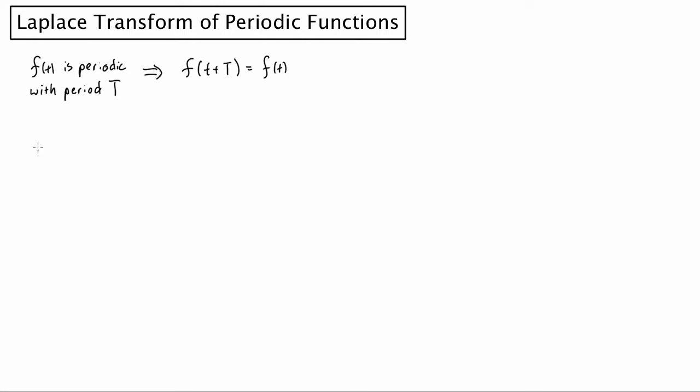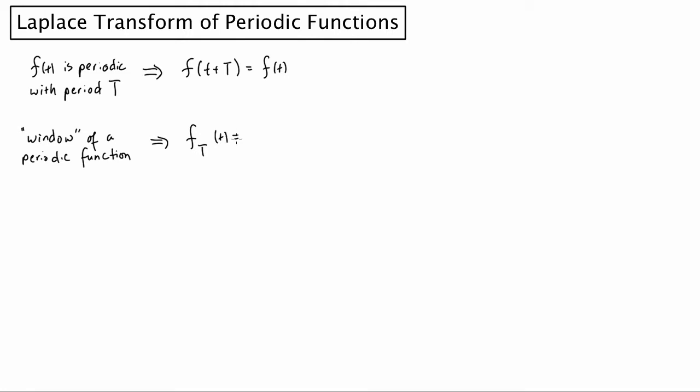What this involves then is something called the window of a periodic function. The window of a periodic function is defined as the function f sub T, where T is representing the period here.